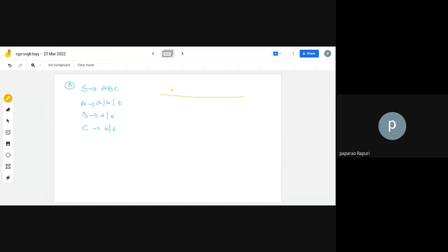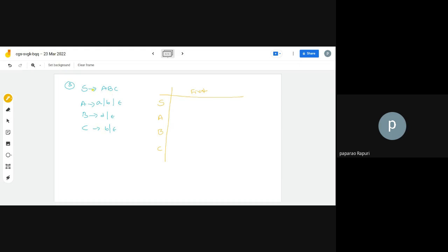So if we see here, S, A, B, C. For all these non-terminals, we are constructing or finding the first sets.